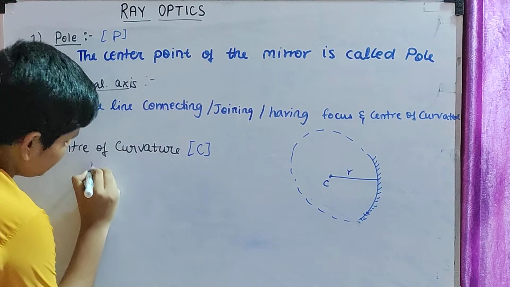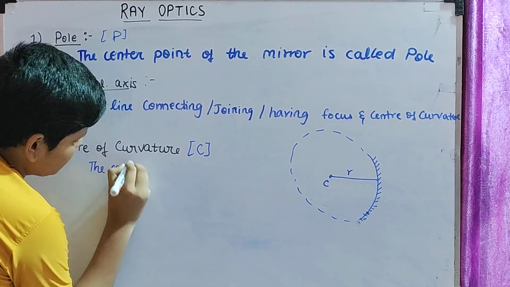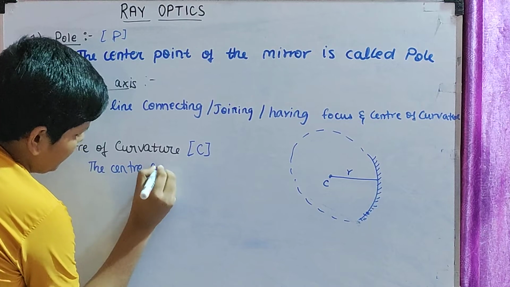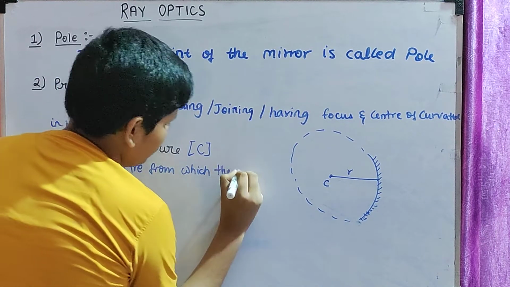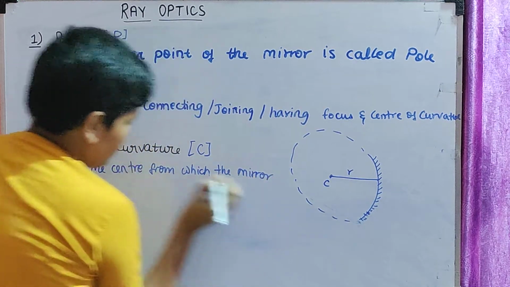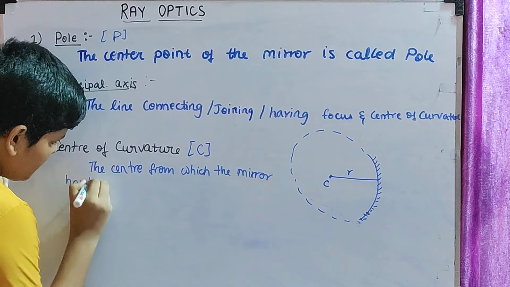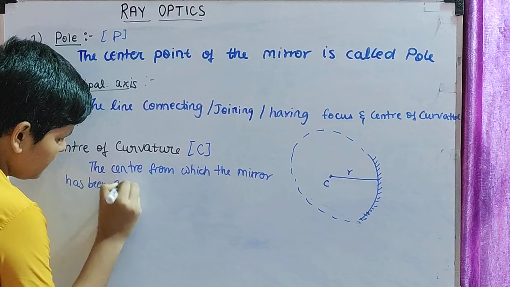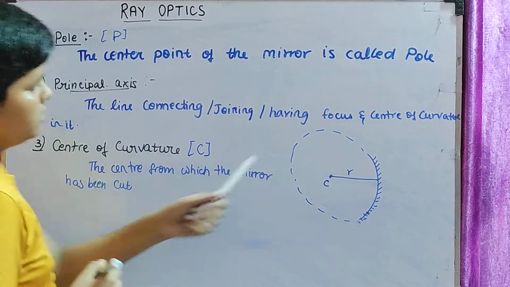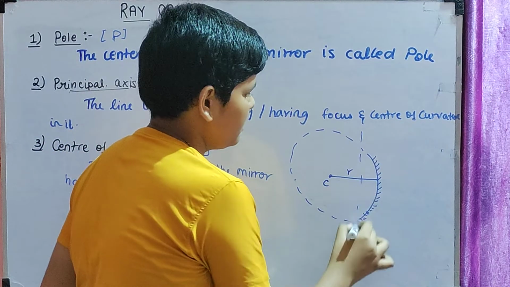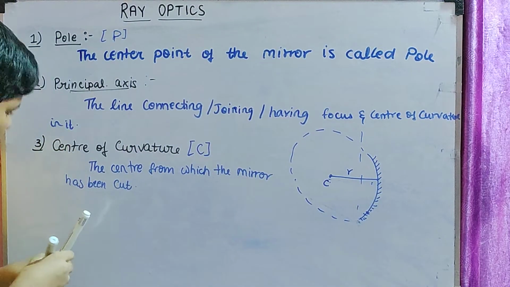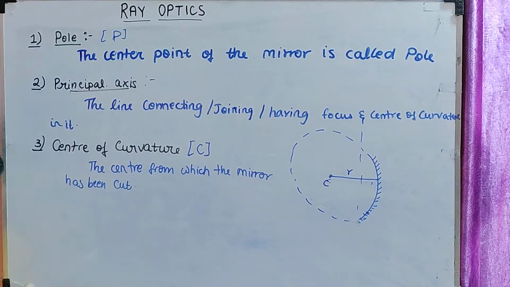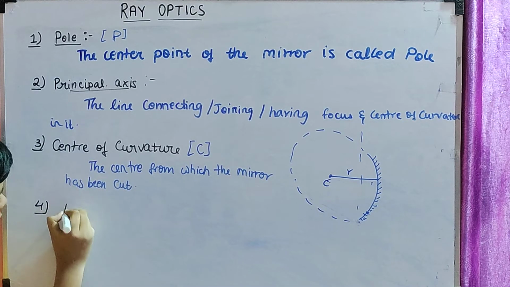Center of curvature, the center from which the mirror has been cut. So we have cut this part, right? So this part over here is called the center of curvature. And here also we have radius of curvature over here.